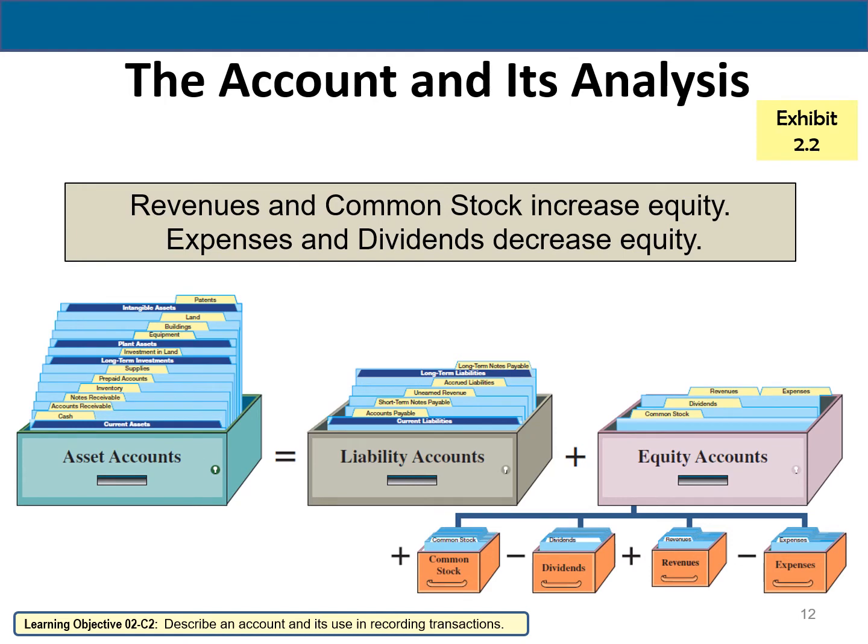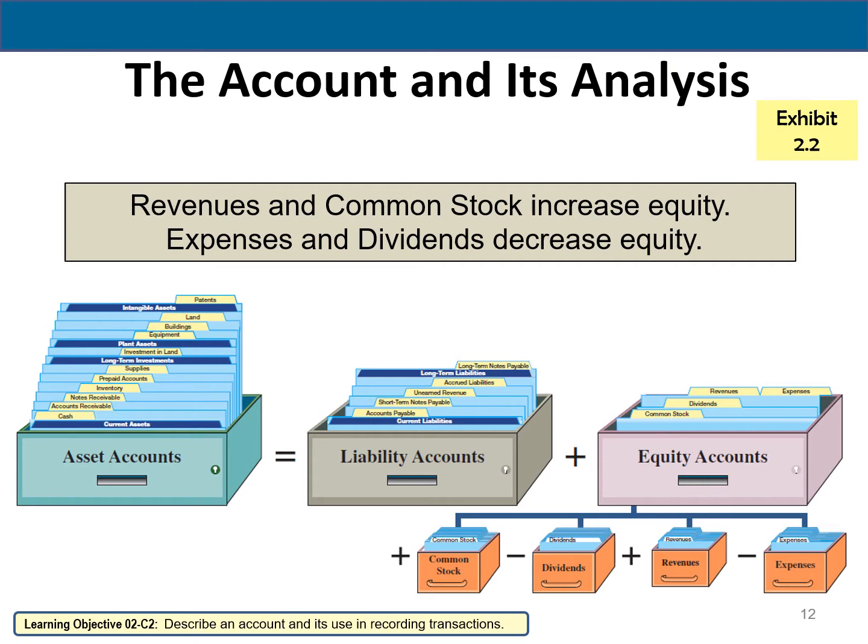So this slide's pretty similar to the one just a couple slides ago. If you think of your accounting equation as the file drawers and your accounts as the folders within those file drawers, the same idea can be applied to the components of the equity file folders. It's almost like you have subfolders. That's where they have the little file drawers on the bottom there: common stock, dividends, revenues, and expenses.